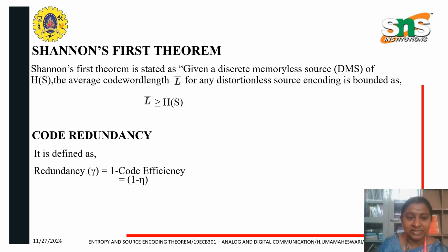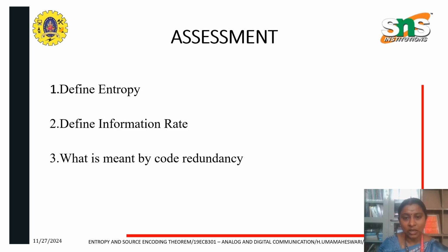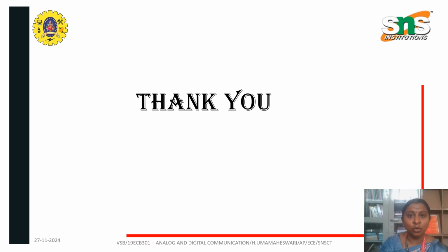Then code redundancy is defined as redundancy gamma, which equals 1 minus code efficiency, where code efficiency is represented as eta. So the assessment is: what is meant by entropy, define information rate, and what is meant by code redundancy.